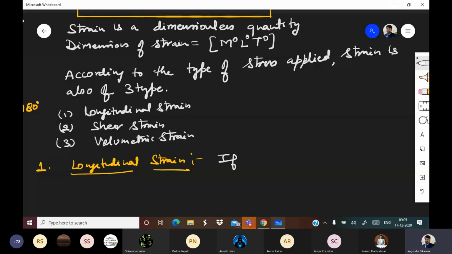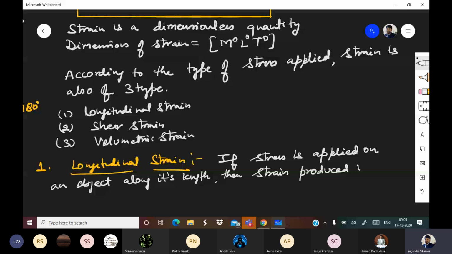If stress is applied on an object along its length, then the strain produced in it is called longitudinal strain. Try to understand what is happening here.